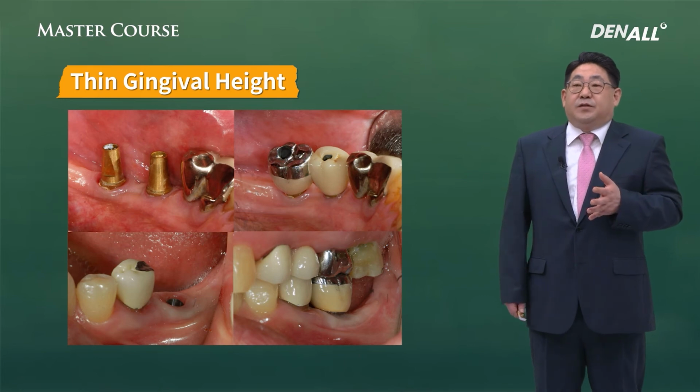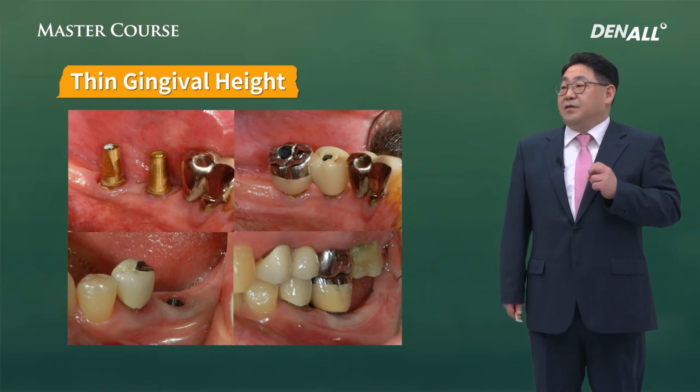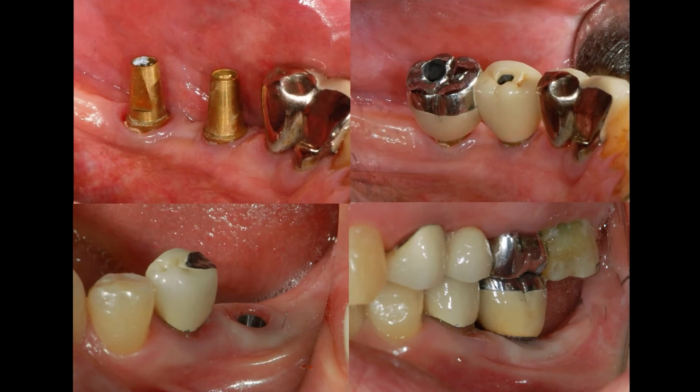In the upper, in a lot of cases, there is sufficient gingiva. However, in the lower, there are cases where we cannot place implants deep and where gingiva is thin. In this case, in order to get aesthetic result, if we provide subgingival prosthesis, emergence angle can be over-contoured.